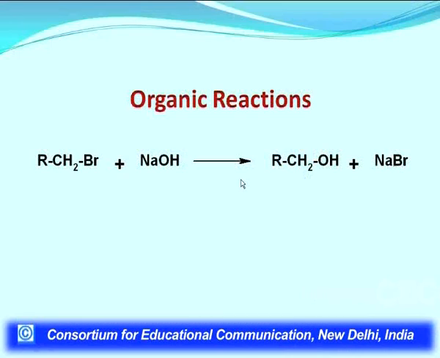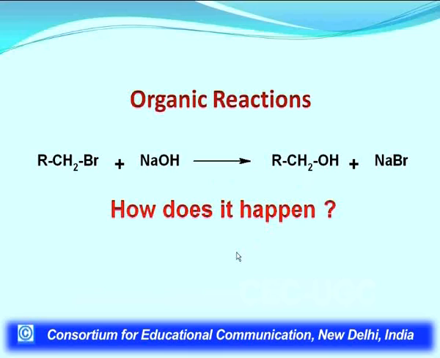Now, here this is a reaction. Some molecule has reacted with sodium hydroxide, and some new molecule has been formed. Since this is an organic molecule, we will call this reaction an organic reaction. But how has this reaction happened? We find that one carbon-bromine bond has been cleaved and one carbon-oxygen bond has been formed.